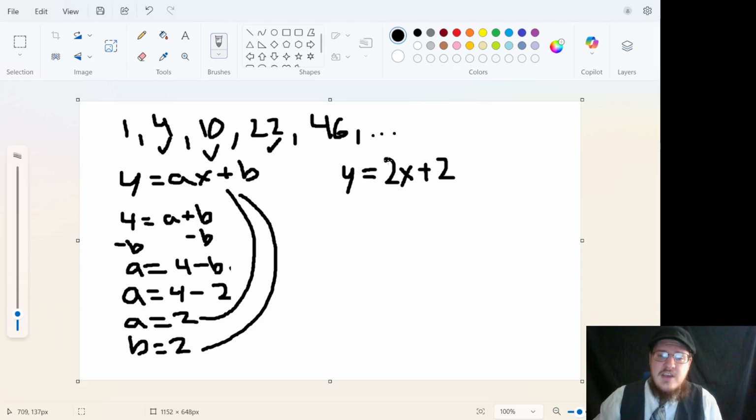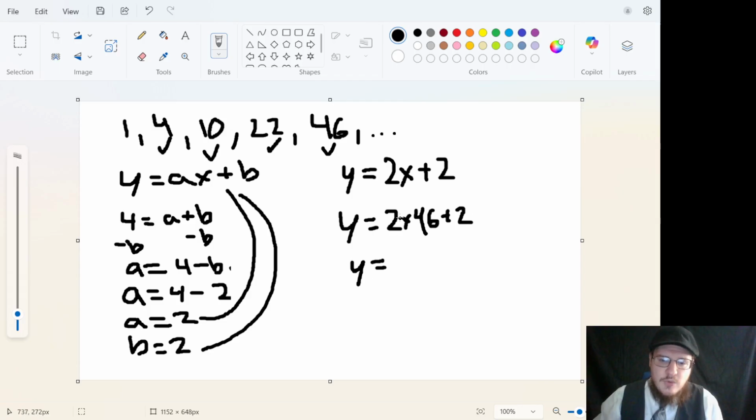22 in for x. 2 times 22, that's 44. 44 plus 2, that's 46. Now we can take 46, plug it in here, and find our next value. Y equals 2 times 46 plus 2.